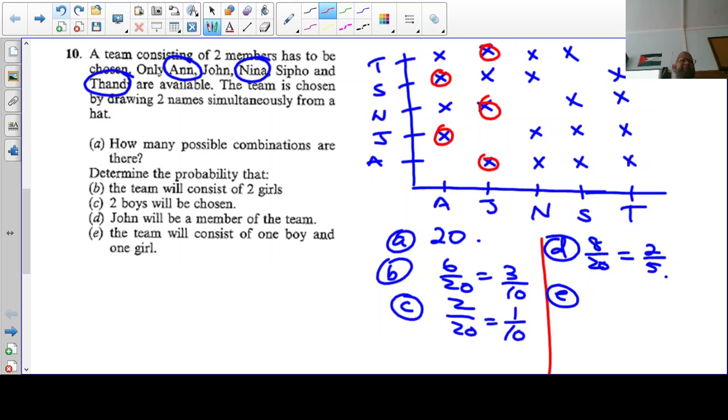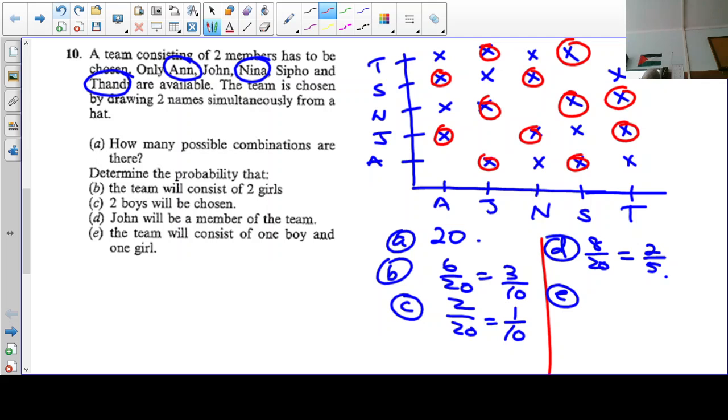You all agree with that? Nina, what are the combinations for Nina? Nina and John, Nina and Sipo. Sipo has to be coupled with a girl. So it's Anne, Sipo and Nina, Sipo and Tandi. For Tandi, John and Sipo.